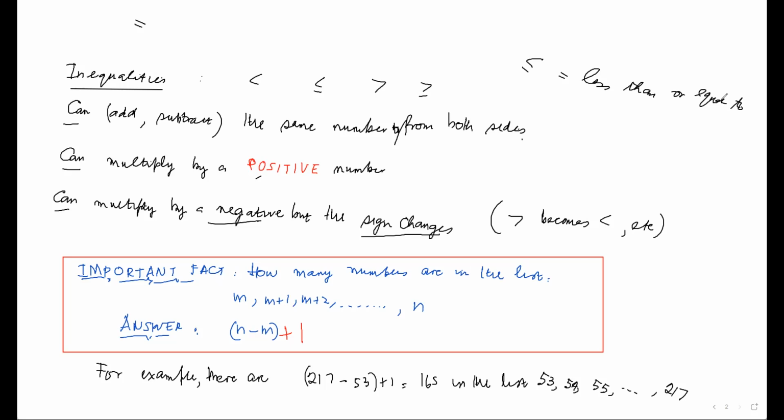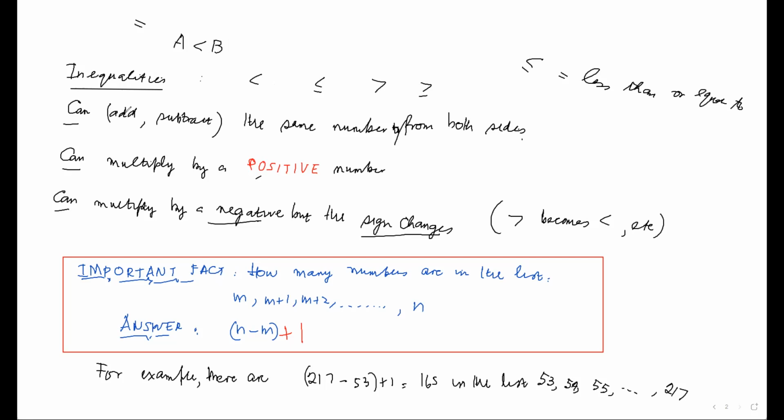And this one here is greater than or equal to, could be equal or it could be greater. But this one here is strictly less, cannot be equal.